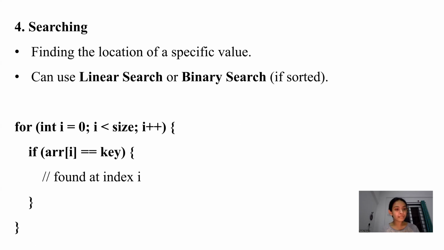Array of i means, say our i values will be 0, 1, 2, 3, 4. So array of that index will have some value, right? If it is equal to key, which is the value that I'm going to search for, and it is there, then the linear search or binary search is done.